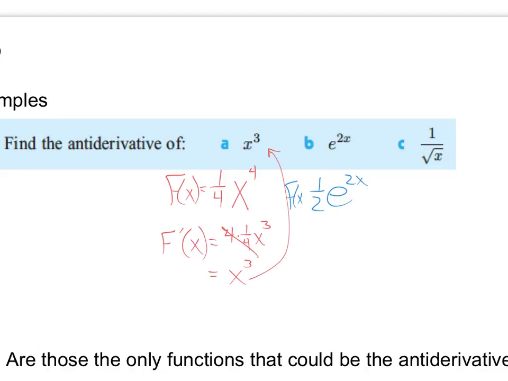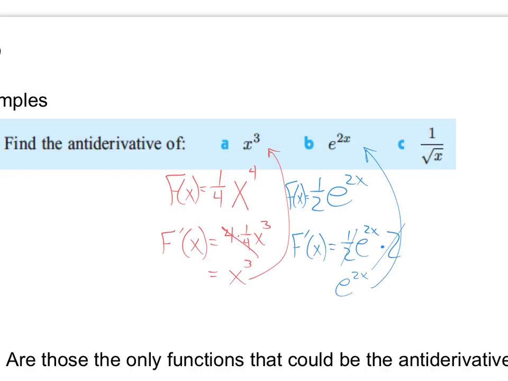If that's our capital F of x, what's capital F prime? It'd be 1/2 e to the 2x times 2, because of the chain rule. So that would cancel, and you'd get e to the 2x, which is what we're looking for.